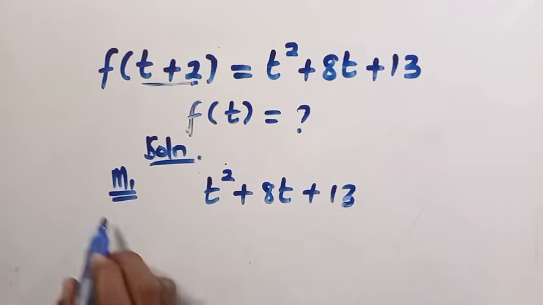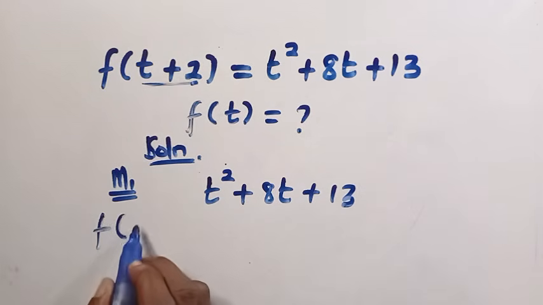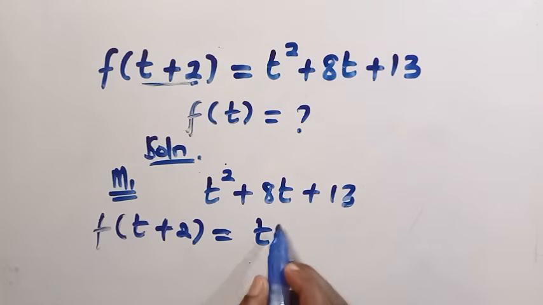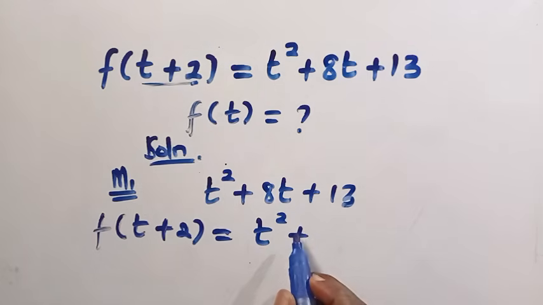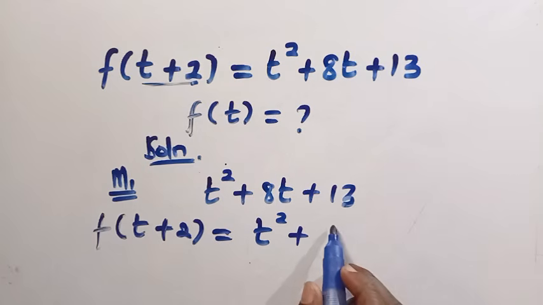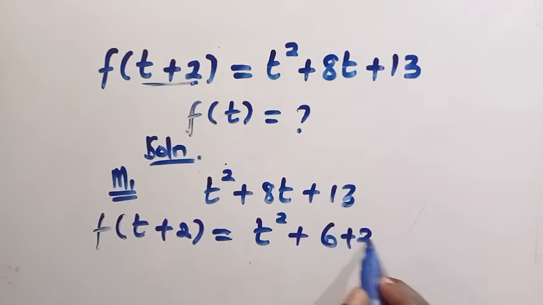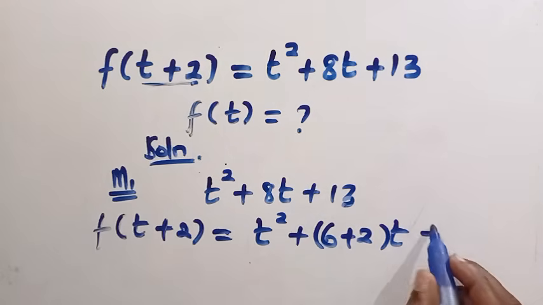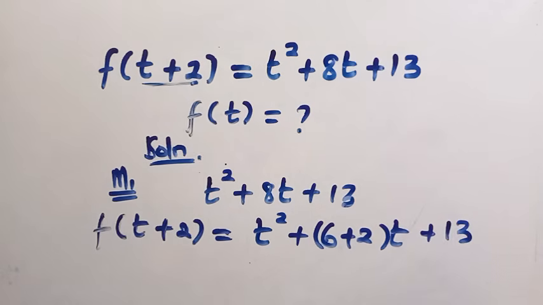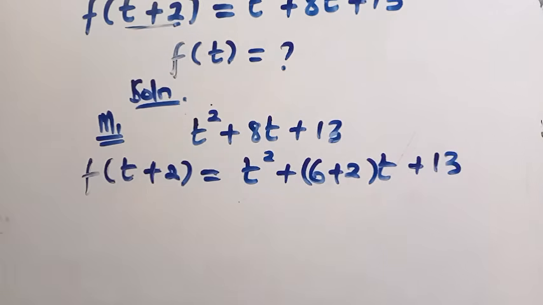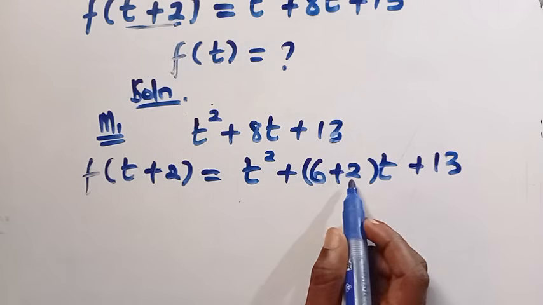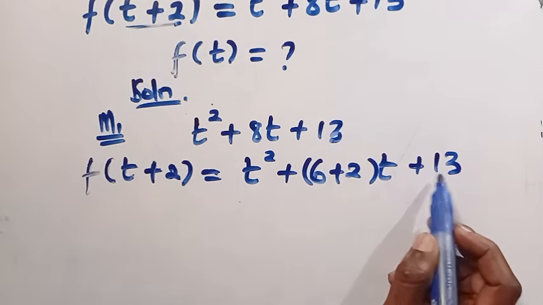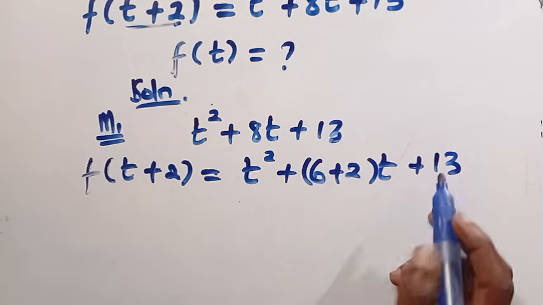So if I write f of t plus 2 equals t squared, suppose I take 8 as 6 plus 2, multiplied by t. Then here is 13. Actually 6 multiplied by 2 does not give us 13, but it's very close, so we can manipulate this as 12 plus 1.